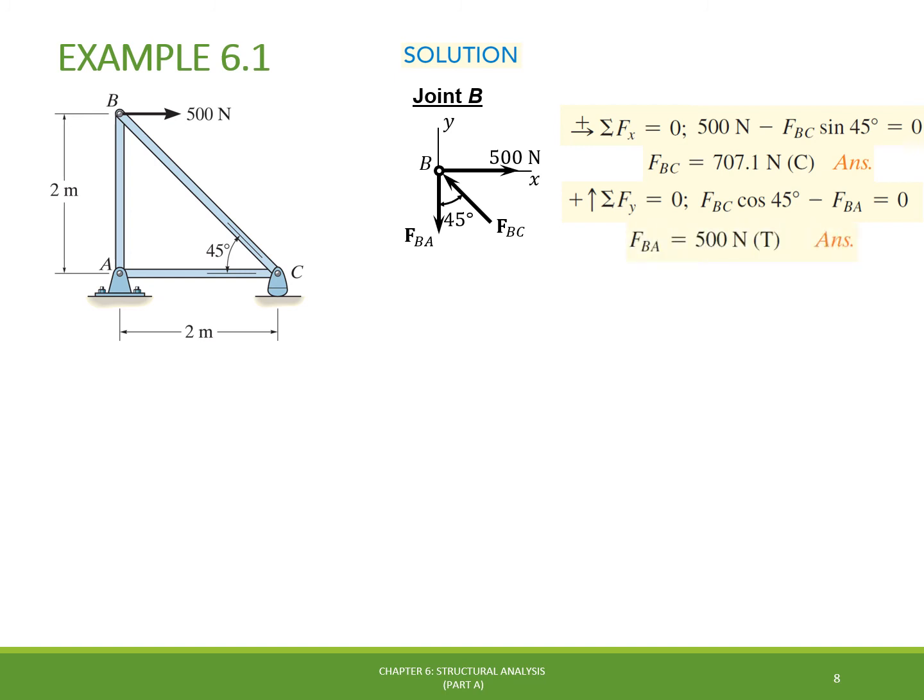After solving this equation for FBA, we find that the magnitude of this force is positive 500 newtons, which also confirms our assumption that FBA is tensioning the joint B. Now that all forces at joint B are determined, we repeat the analysis for the joint C.